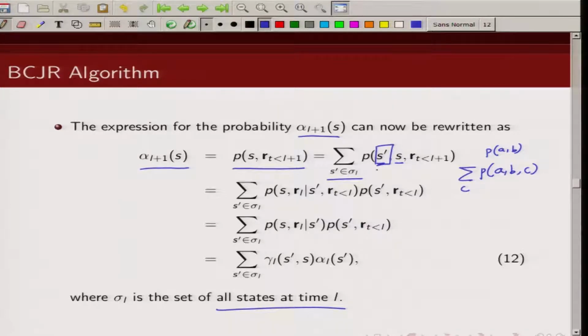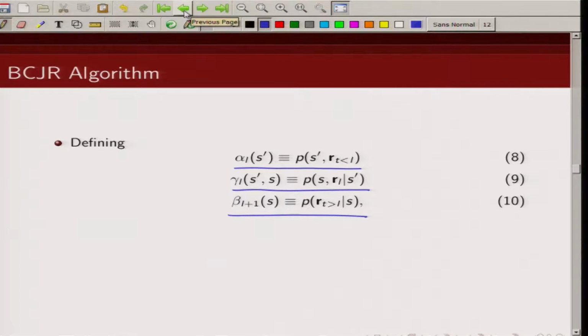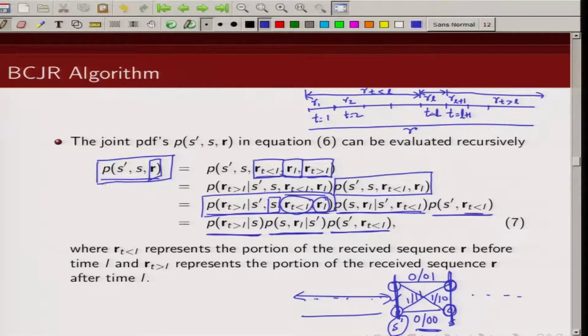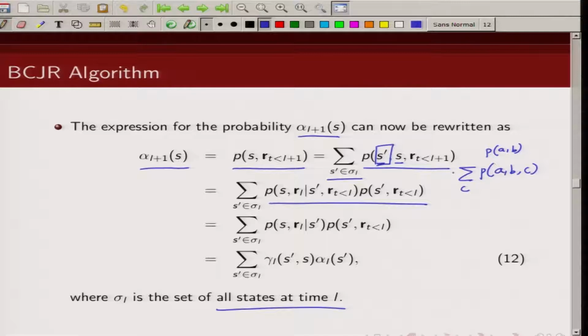Now, this term can be written as a product of these two terms. This follows exactly the same procedure which we followed here. When we wrote this, we are basically using Bayes rule. Using Bayes rule, I can write this probability as a product of these two probabilities.